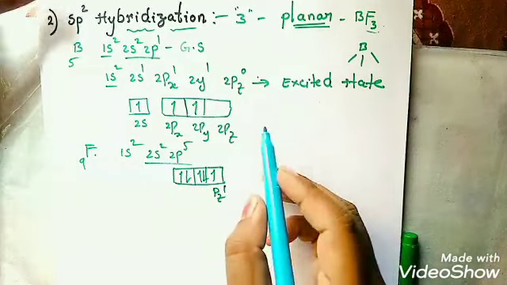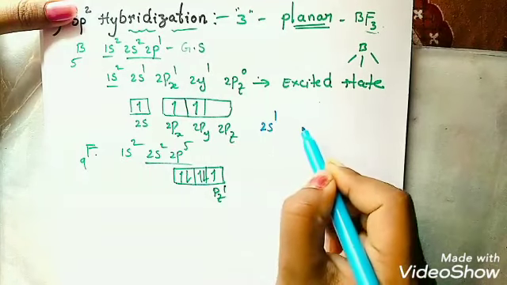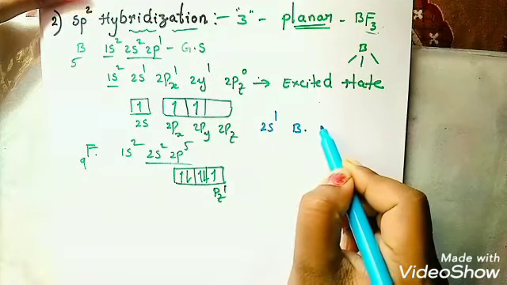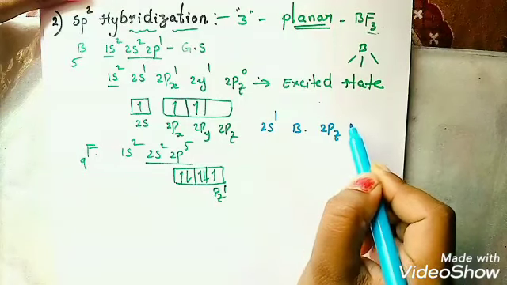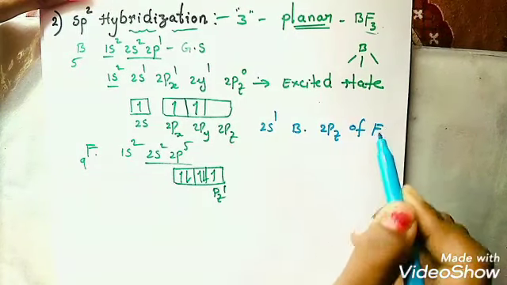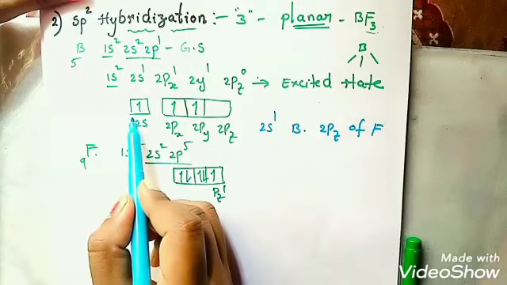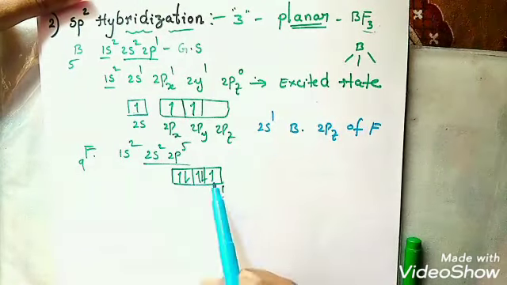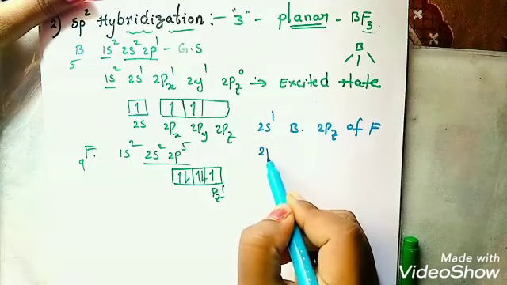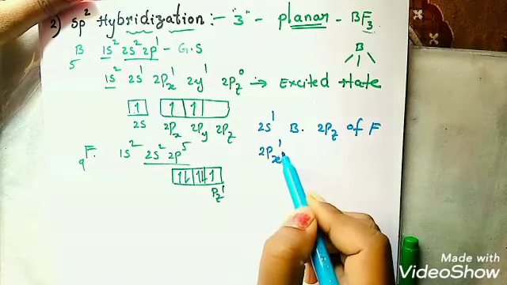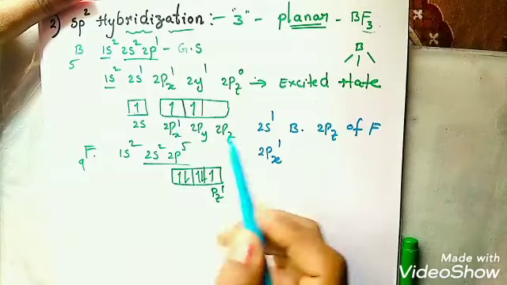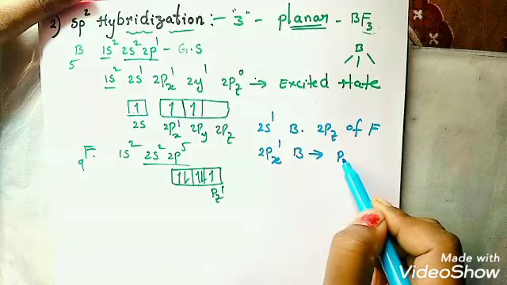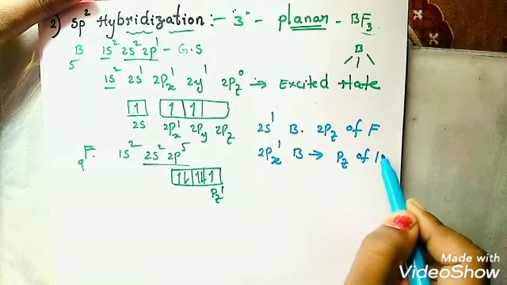Okay students, here the 2s1 orbital of boron is going to form a bond with the 2pz orbital of fluorine. So here the 2s orbital is going to form a bond with this, and the second bond must be 2px1, that is here the 2px1 orbital of boron is going to form a bond with again 2pz of fluorine.